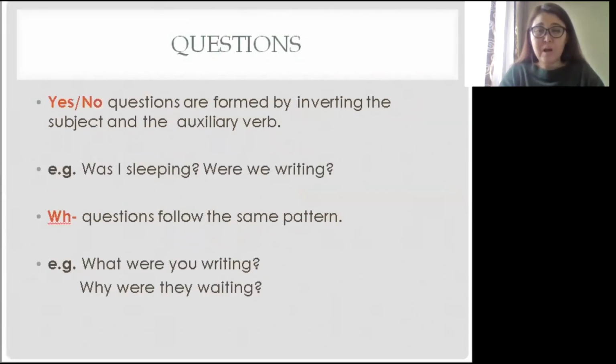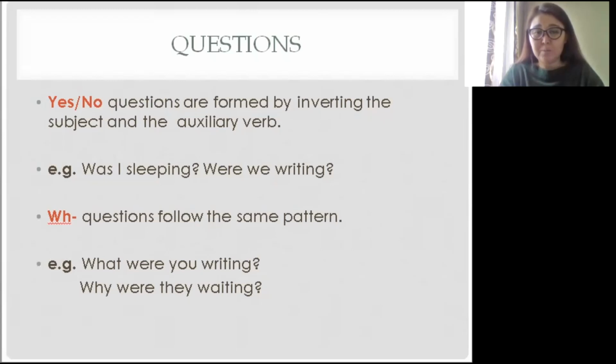Yes/no questions are formed by inverting the subject and the auxiliary verb. So, was I sleeping? Were we writing? You see, in these questions, we invert the subject and the auxiliary verb.